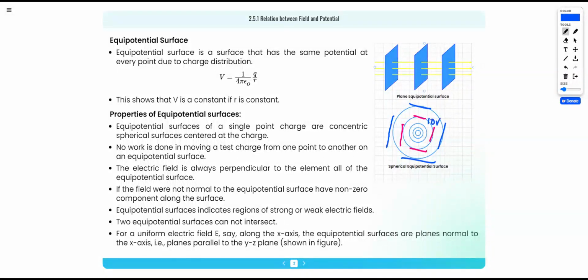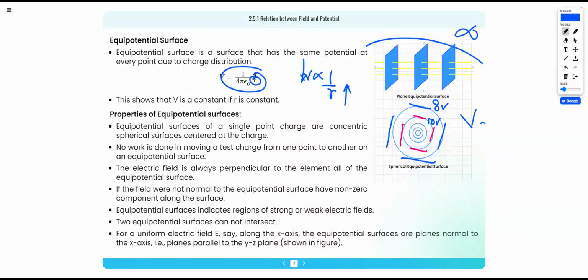If this is 10 volt, there will be a reduction, and here it will be 8 volt. Why is it happening? Because V is inversely proportional to R. As the radius increases, V will drop. If it is 10 first, then it will be 8, after that 5, after that 4, and at infinity our voltage will be equal to 0.